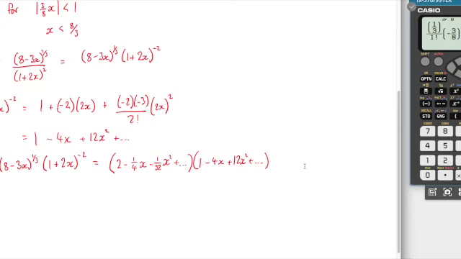If we want the x squared term, we don't need to multiply it all out, but I'm going to need the 2 from that one multiplied by the 12x squared in that one. I'm going to need the minus a quarter x in that one and the minus 4x in that one. And then the last place I can get an x squared from is that minus 1/32 multiplied by 1.